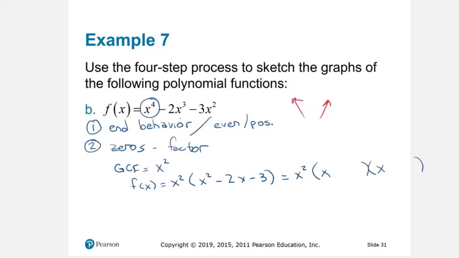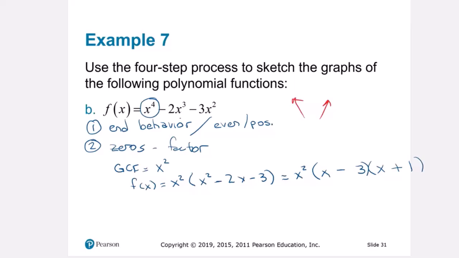And then 3 is only 1 and 3. And then I'm going to do outer is x and inner is 3x. And since I need it to be negative, this has got to be negative and this has got to be positive, which means I have now plus x minus 3x, which is minus 2x. And last times last is minus 3. This is completely factored. And since it's completely factored, I can now find my zeros.